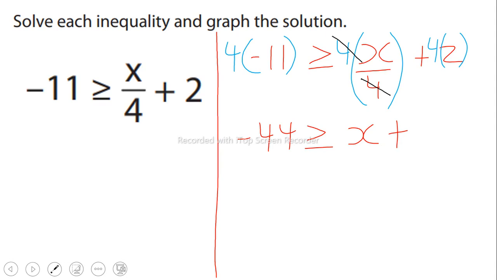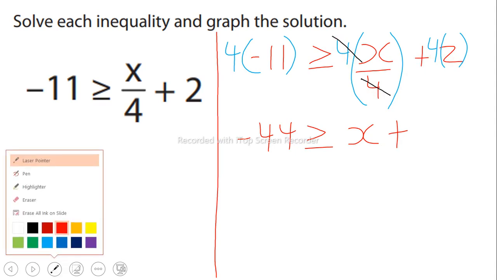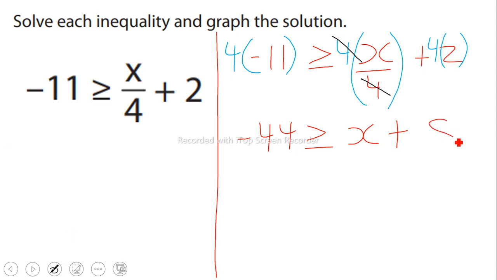For this one, we have this term plus 2, so they don't have the same denominator. This is a fraction, this is a whole number. And so we can't just cross multiply. We have to take this term and this term and multiply them by the 4, solely to get rid of this 4, so that when we come to this term, we can cancel out this 4 and that 4. And then it'll be plus, what is 4 times 2? 8. Any questions on that, Mr. Bethel, before I move on?